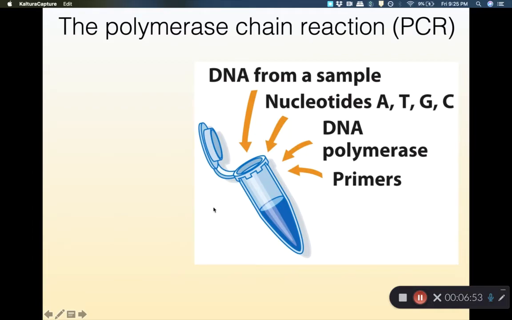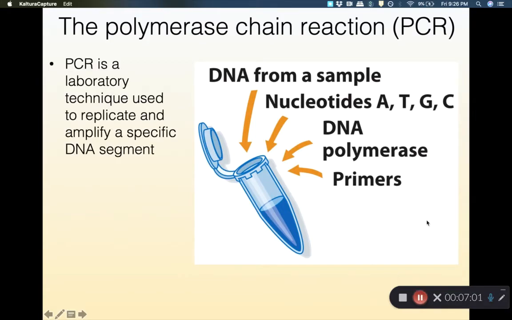This is how we're able to start creating a DNA profile. At its base, PCR is a laboratory technique that is used to replicate and then amplify a specific segment of DNA.